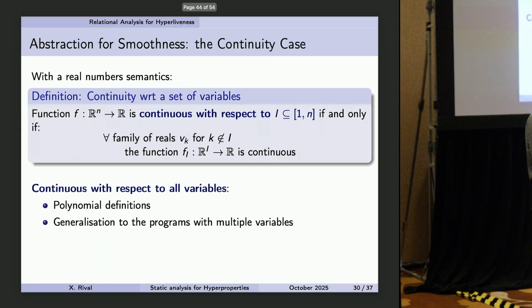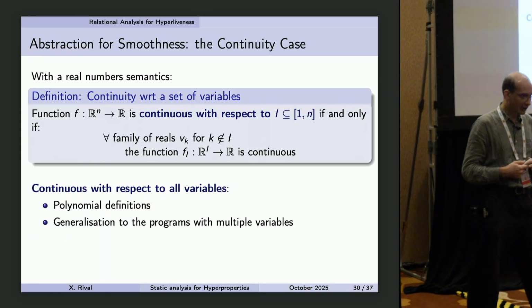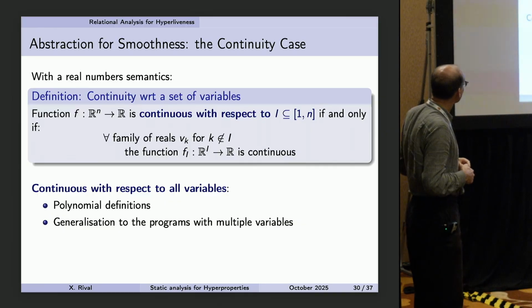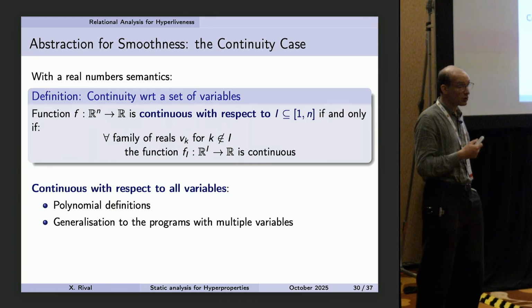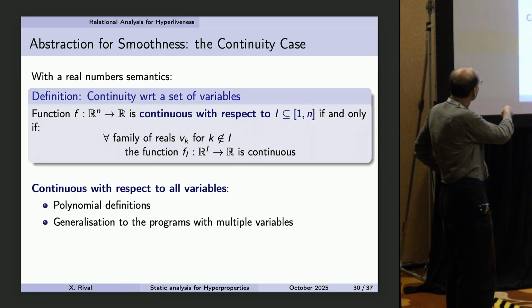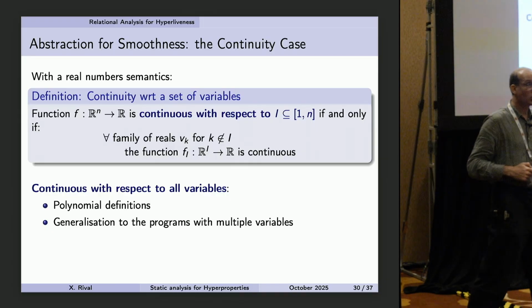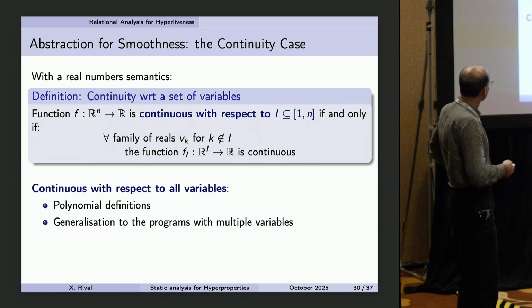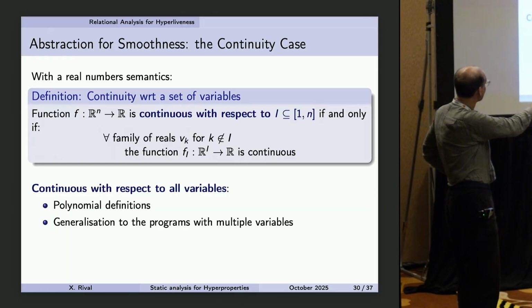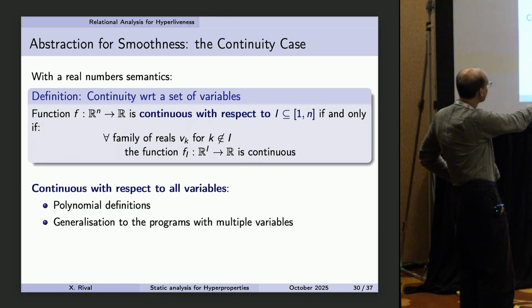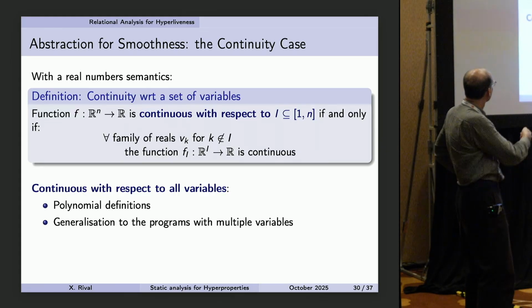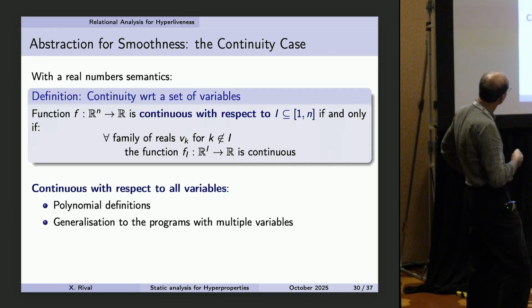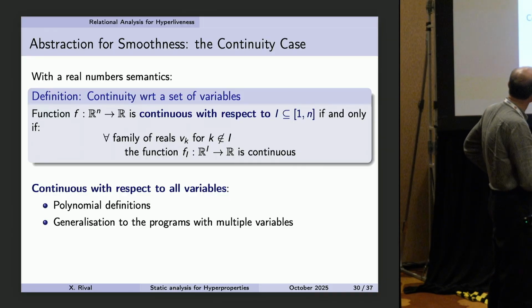Let's go back to the smoothness example, and I will fix one smoothness property, which is continuity. We can first take a definition of continuity for functions from R^n to R. The function is continuous with respect to a set of variables I, a subset of 1 to n, if whenever you take a family of... I think I missed part of my definition.